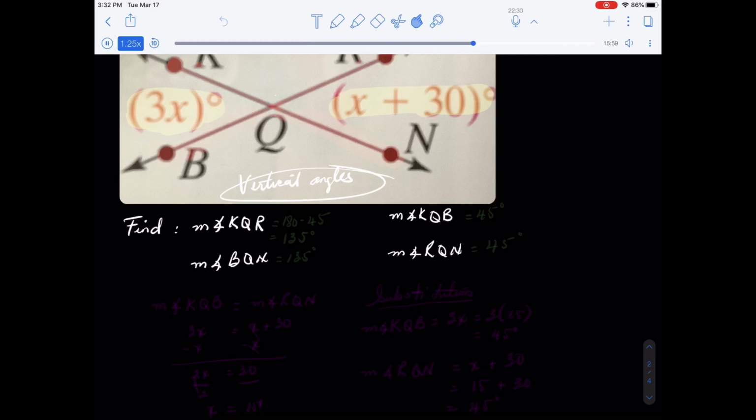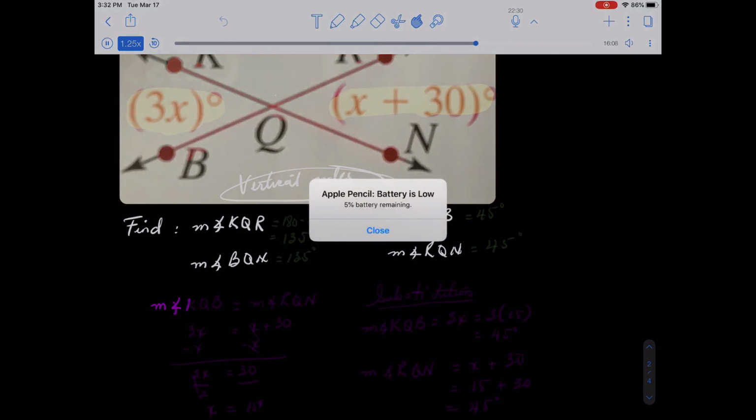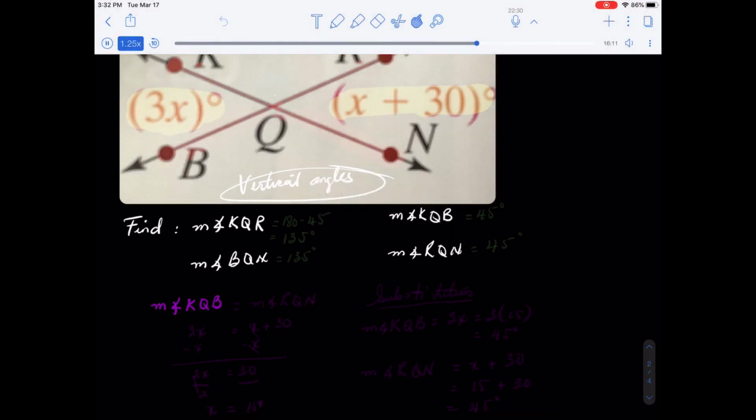If the measurements are the same, the measurement of angle KQB equals the measurement of angle RQN.